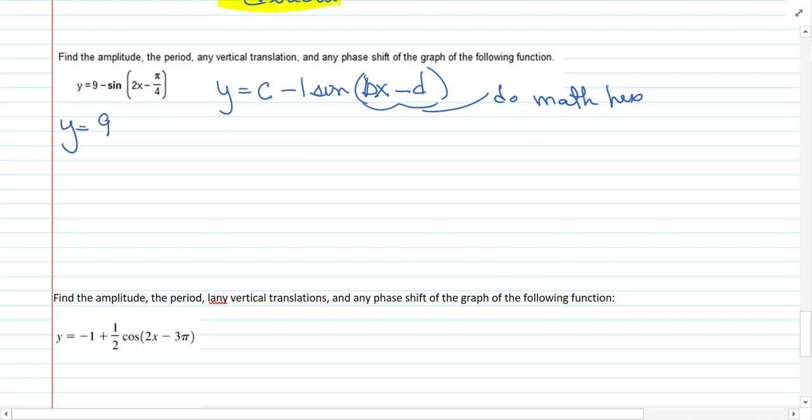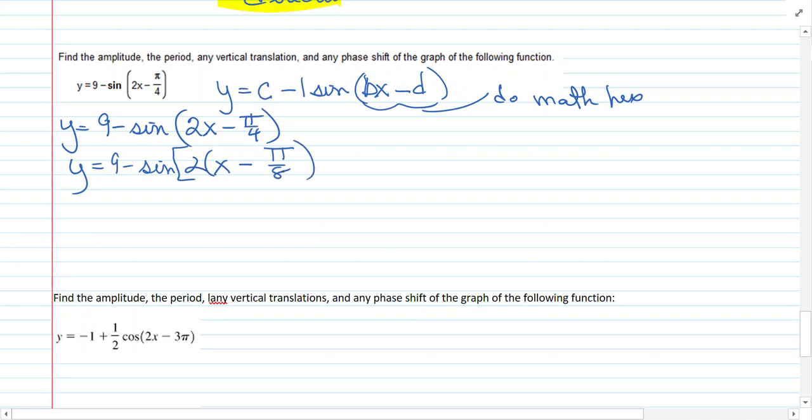Y equals 9 minus sine of 2x minus pi fourths. All right, so I'm going to factor out the 2, parenthesis, x minus, and I'm going to multiply this by 1/2, so it's pi eighths. Because if I multiply that, I'll get pi fourths. Now it's in good form.